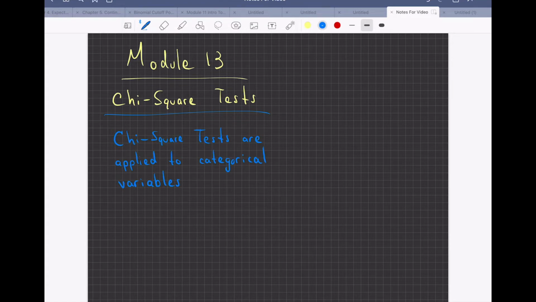Unlike the other tests that we have seen so far, for population proportion and for population mean, chi-square tests have to do with categorical variables. We have three types of tests.